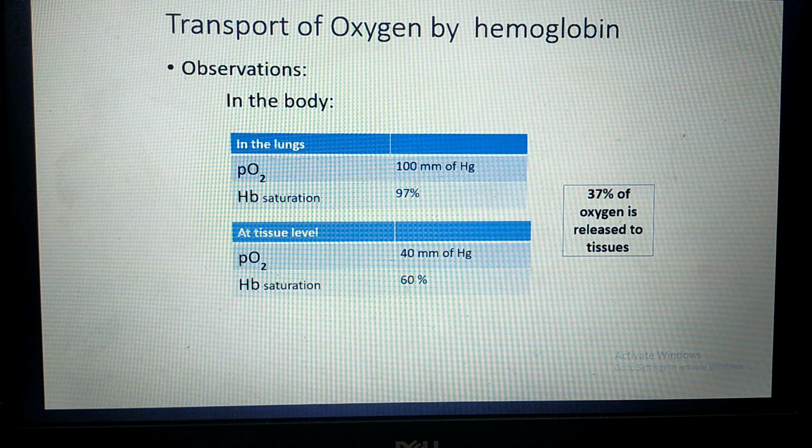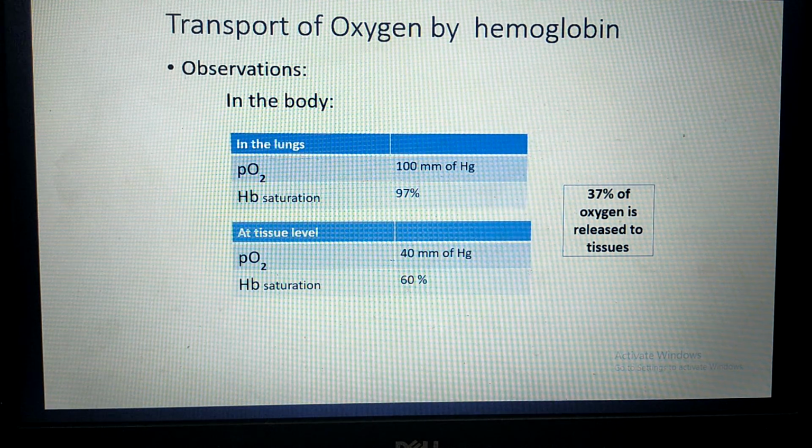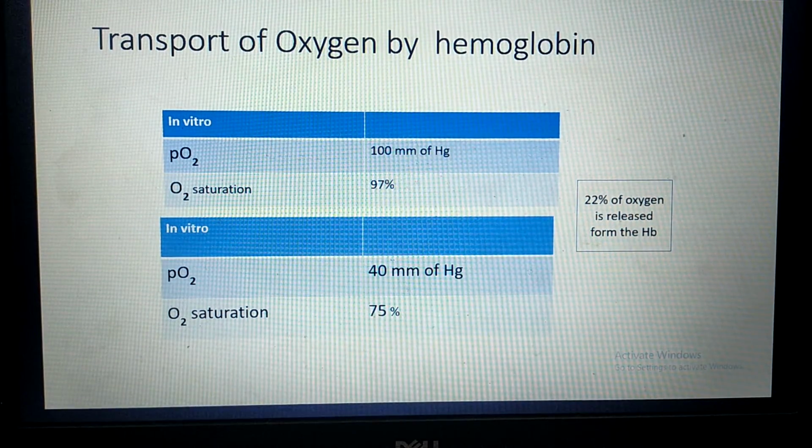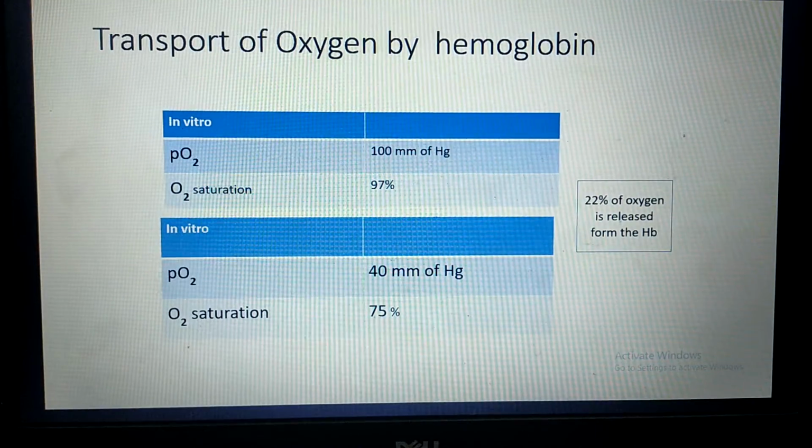That means 37% of oxygen is released by the hemoglobin to the tissues, whereas outside the body, only 22% of the oxygen is released by hemoglobin at the same PO2.